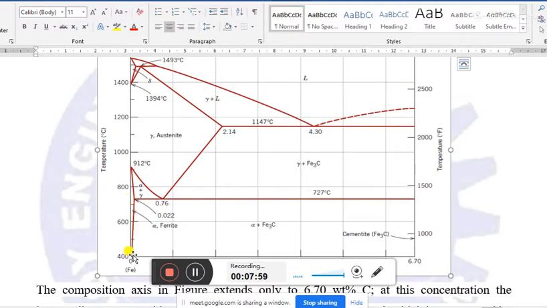And obviously the solubility of carbon is not very high in the alpha ferrite form, and that is only 0.022 weight percentage of carbon. This is 0.022 weight percentage of carbon that is written here.